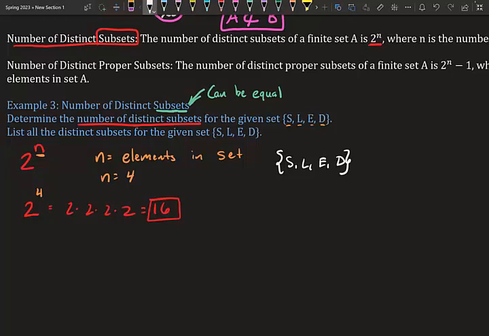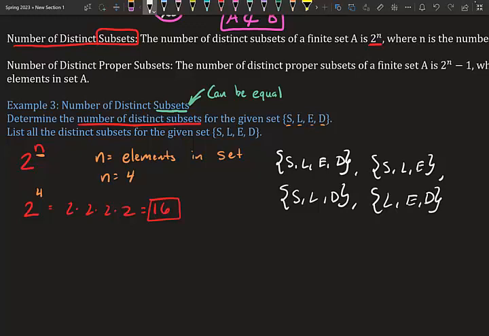So if we have SLED, that's 4. Now let's break it into the threes. So our first triple is going to be SLE. Our next triple is going to be SLD. And our next triple is LED.